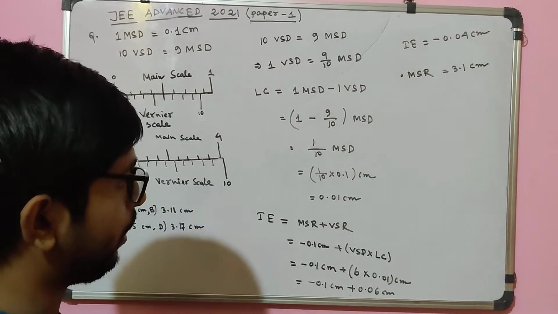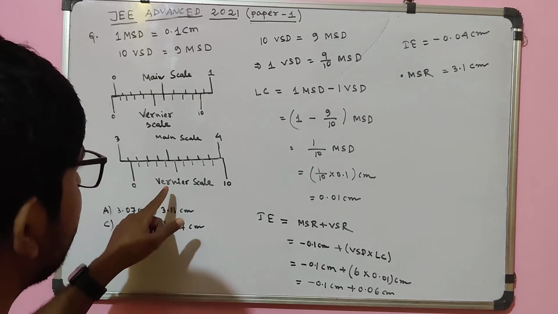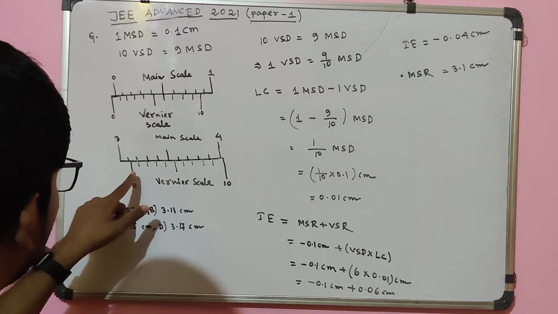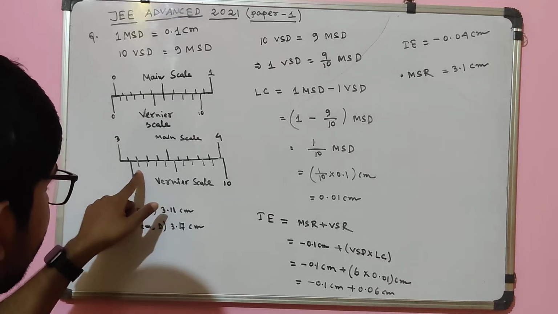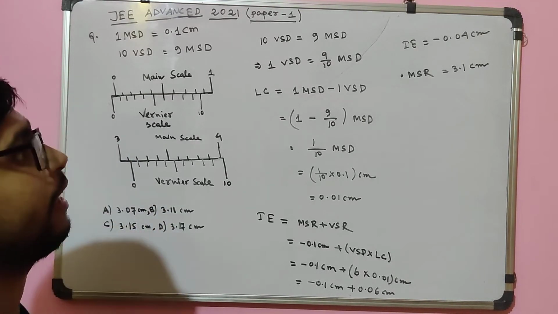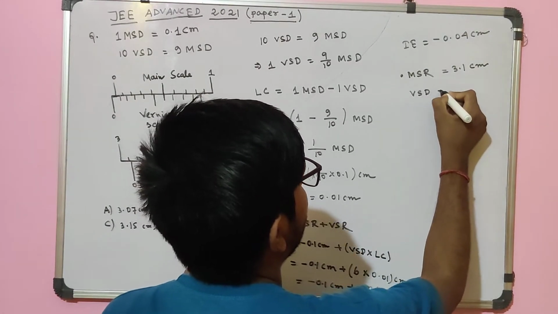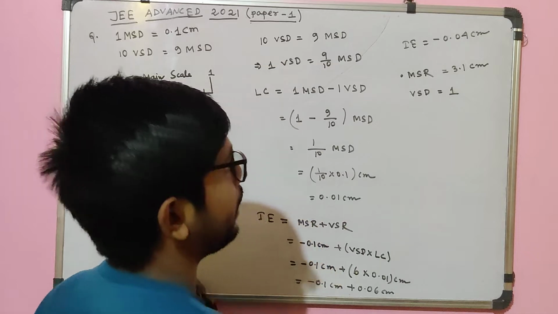And the Vernier scale division is 1, because the first Vernier scale division is exactly coinciding with the main scale. So we can write Vernier scale division as 1.